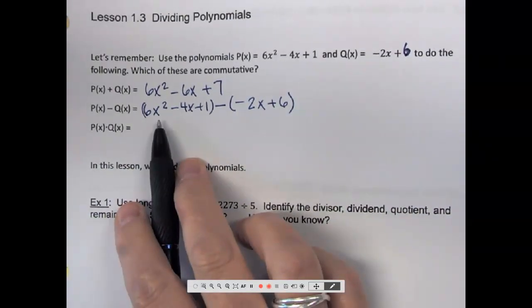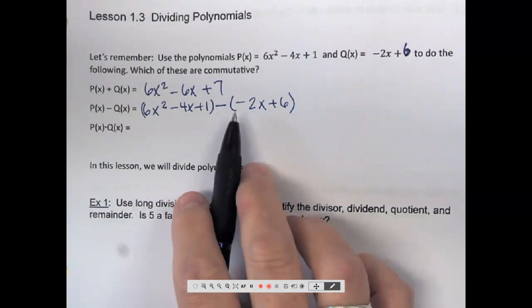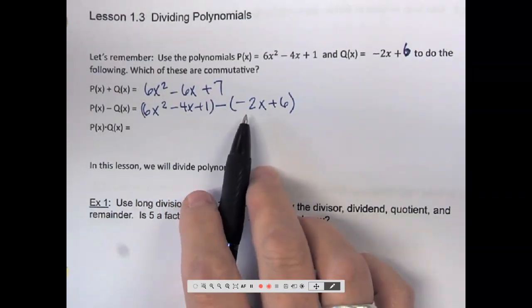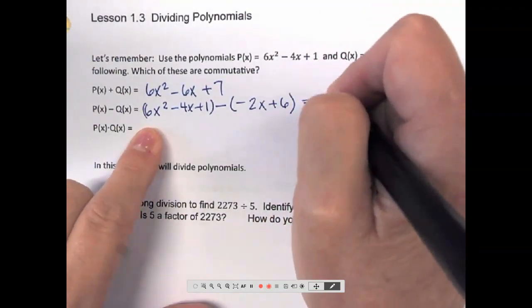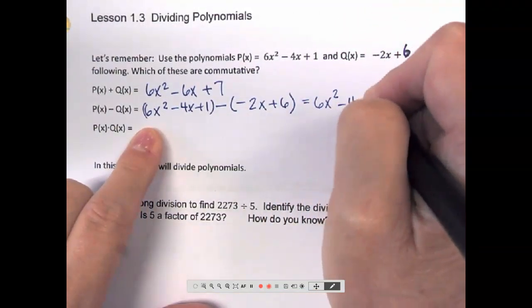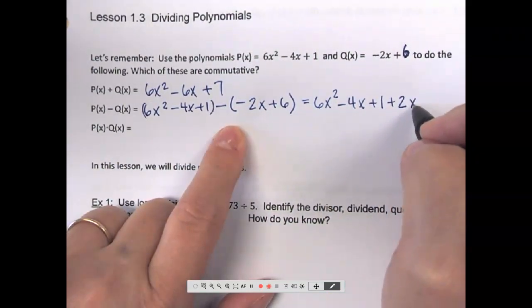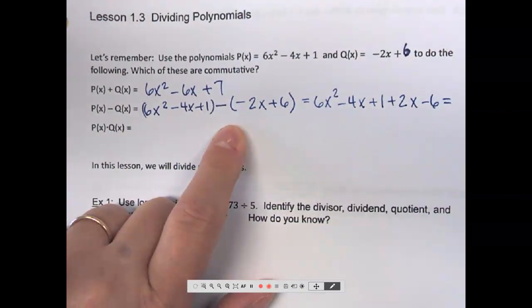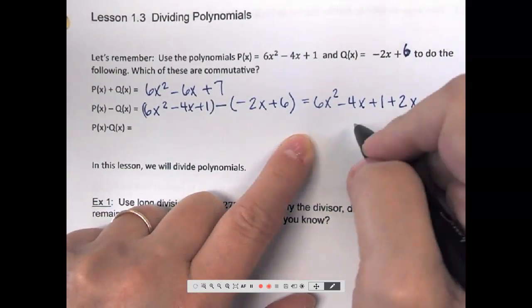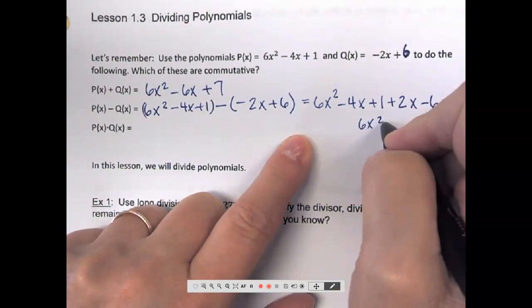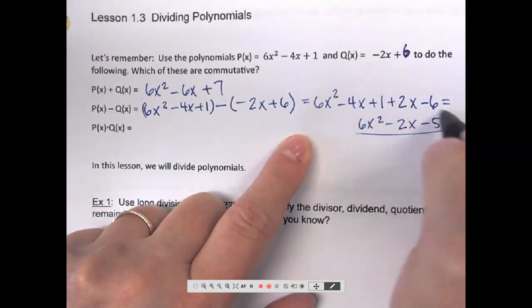The first one's not. The second ones are necessary because I'm subtracting more than one term, so those parentheses are important so that we remember to distribute that negative. Okay, so that gives me 6x squared minus 4x plus 1 plus 2x minus 6. And then I do have a little bit that can be combined there. So I will have 6x squared minus 2x minus 5.